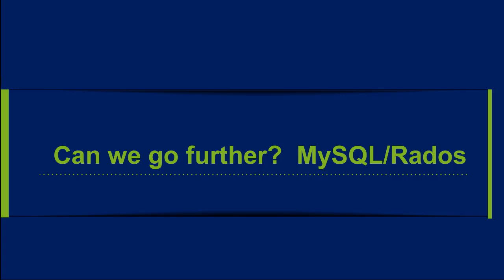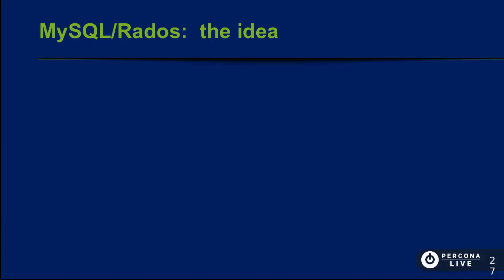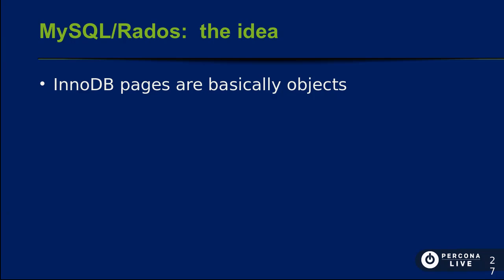I think, okay. So the next step I would like to do is have MySQL talk directly to RADOS. Why use a file system and a block device when you can do it directly? InnoDB pages are essentially objects.